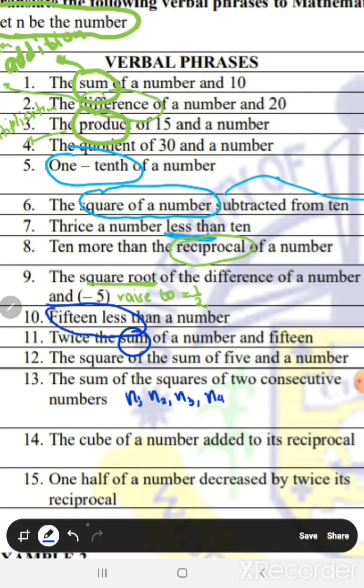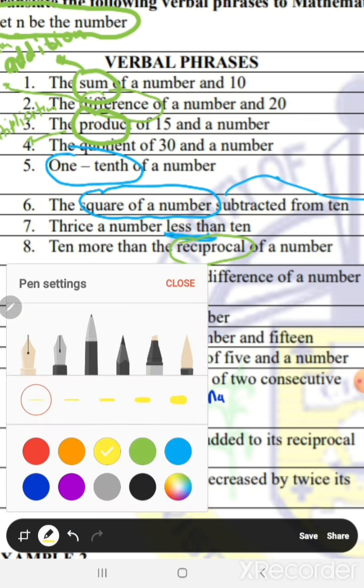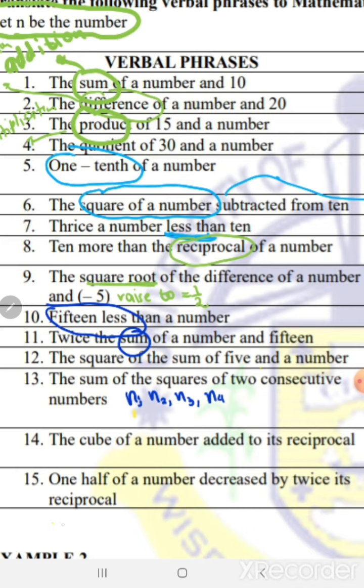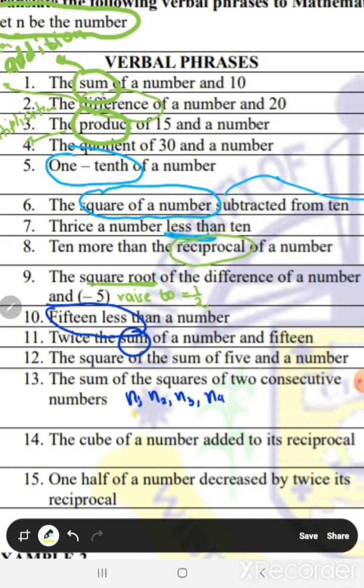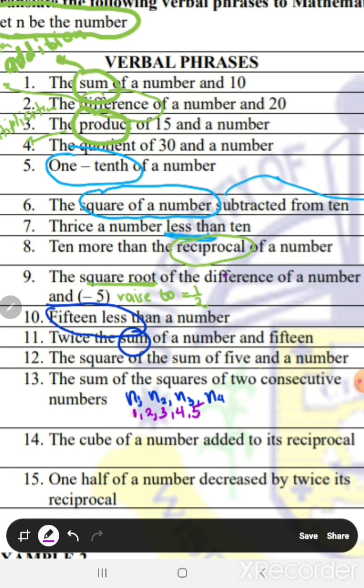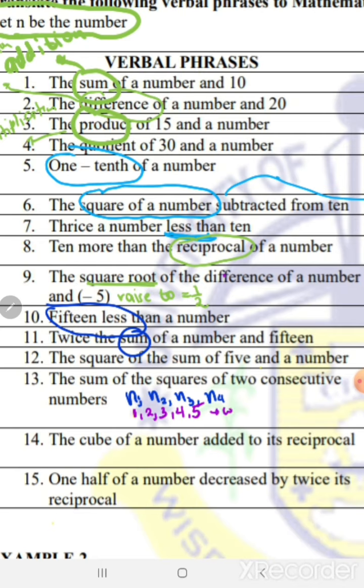Let's say we have 1, 2, 3, 4, 5. These are examples of consecutive numbers.